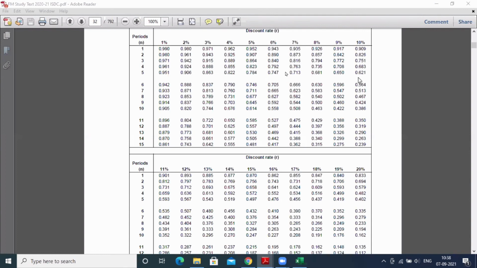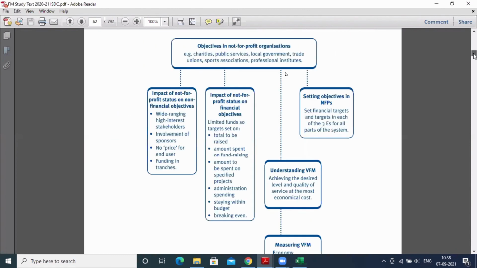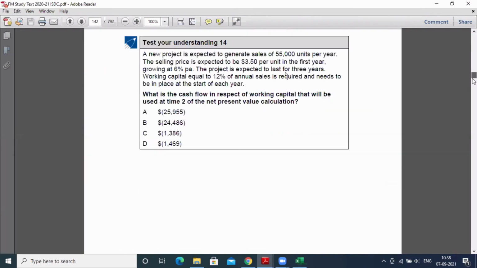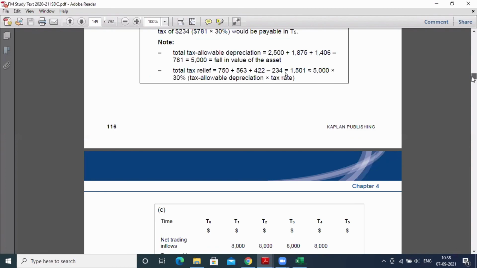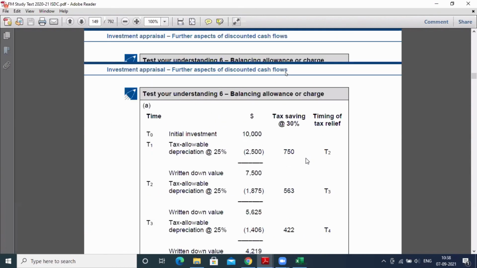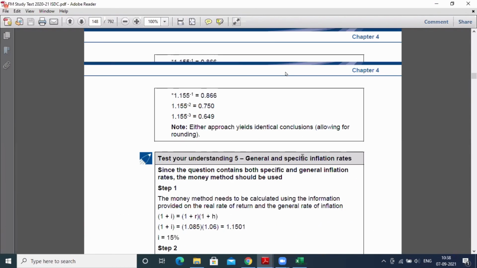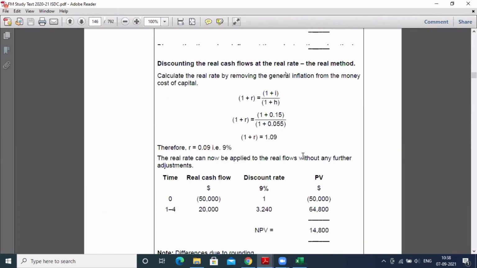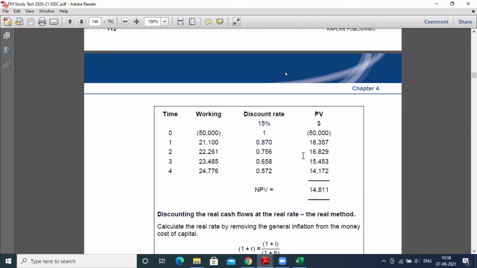Page number 113. Let me go to that. Page number 113 of exam kit or study text? So study text. Okay. Yes, what is your query here?